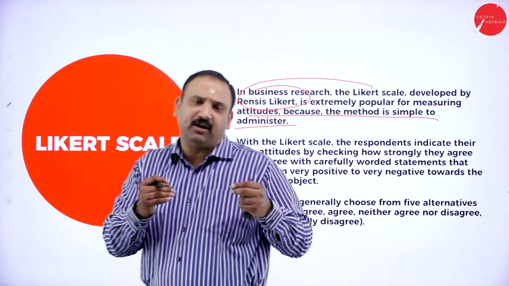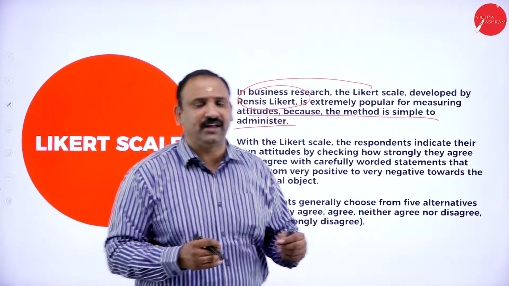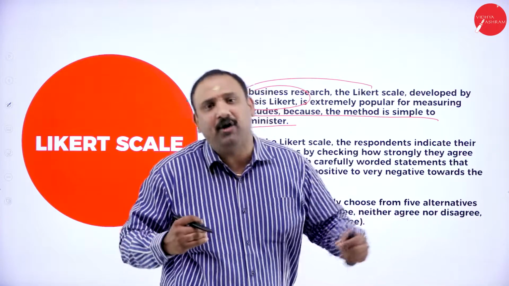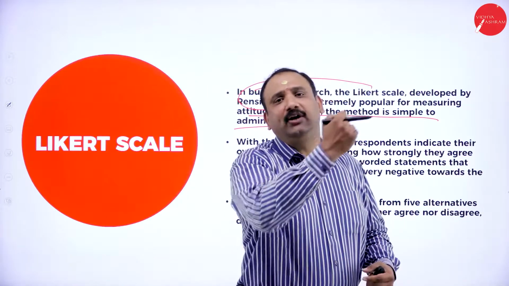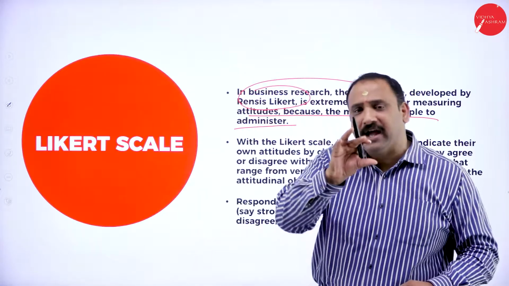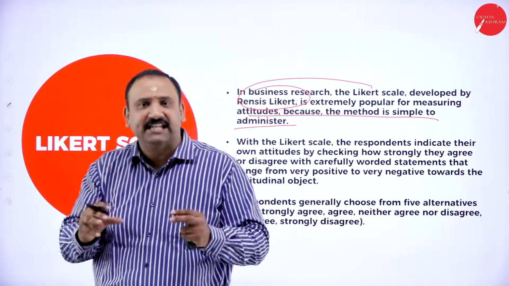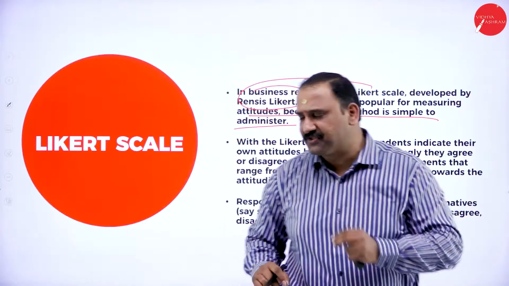Over a scale of, say, 5 or 10, when you say 8 out of 10, 9 out of 10, it is not an immediate translation, but it levels up on the scale, saying that to this extent, to this value, I go with that option. That is why the Likert scale is considered one of the best scales ever administered in the field of business research.